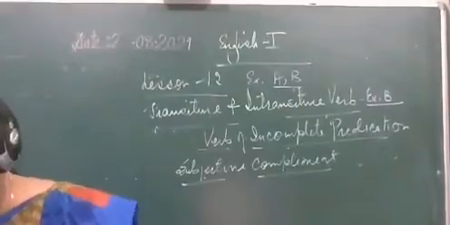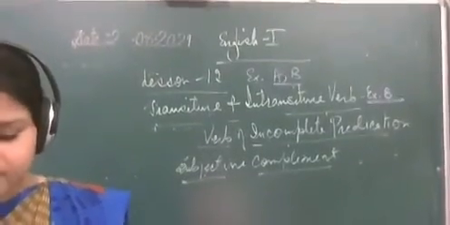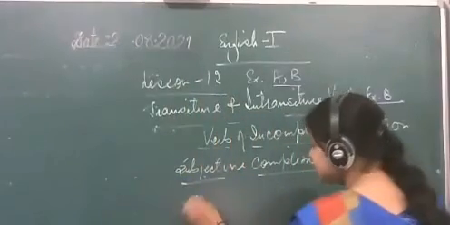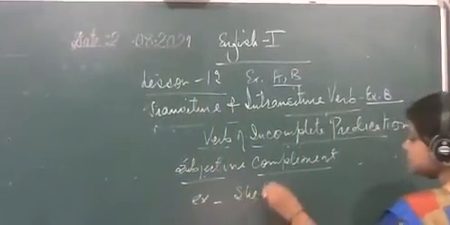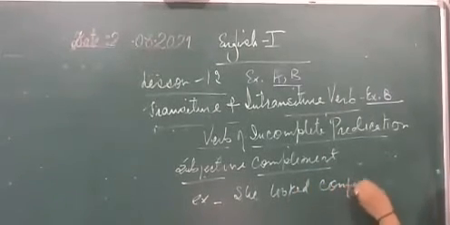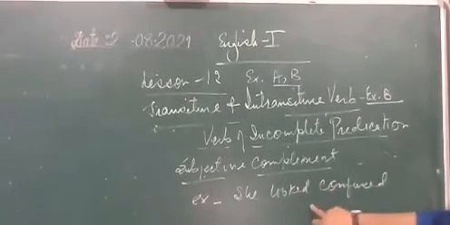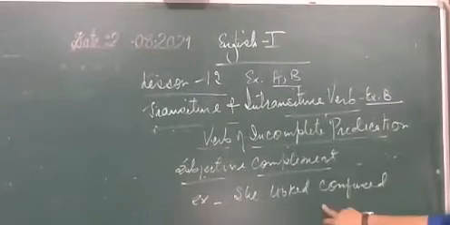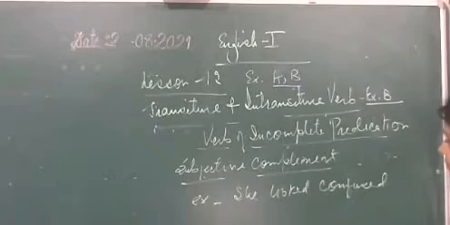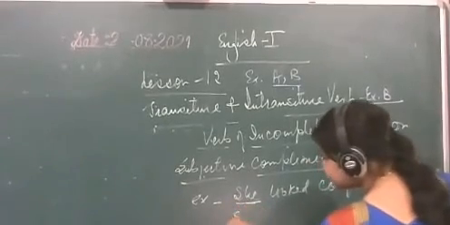Clear? So I will only say one example. She looked confused. Okay. See the example. She looked confused. So here in this example, it says she looked confused. What additional information is it giving about the subject, that is she?